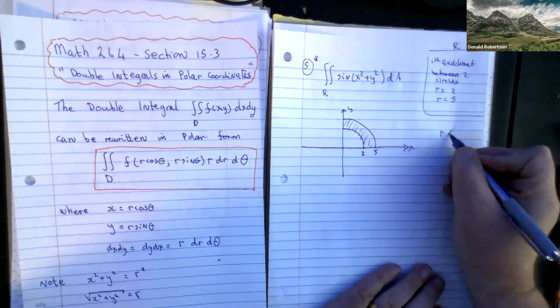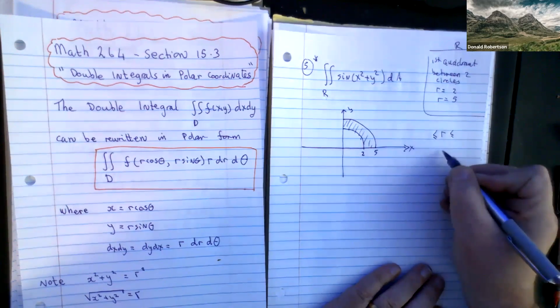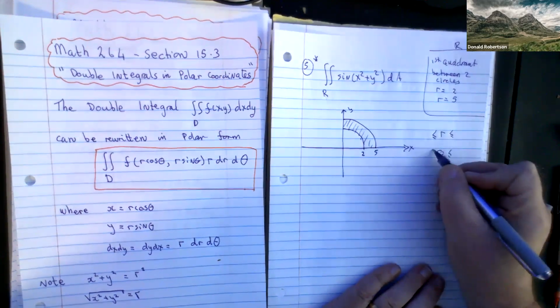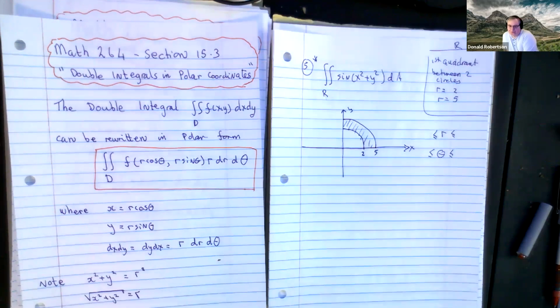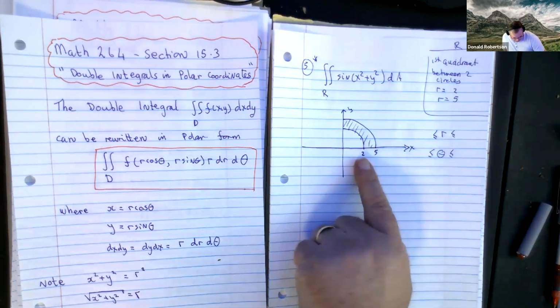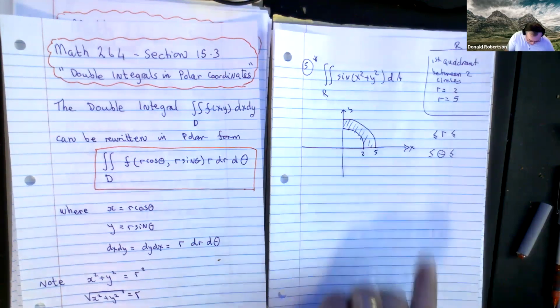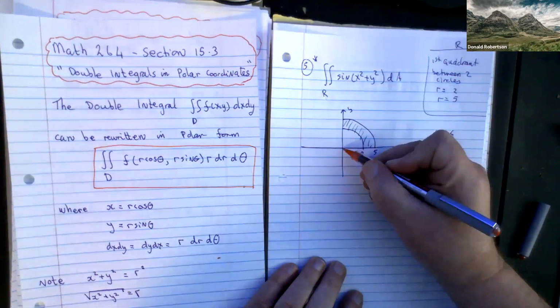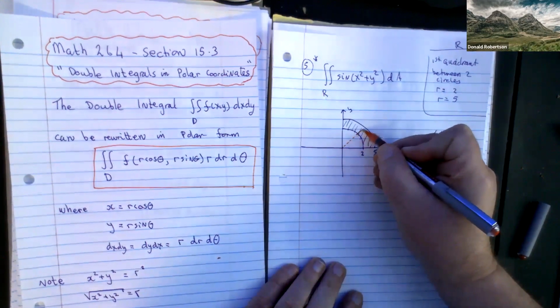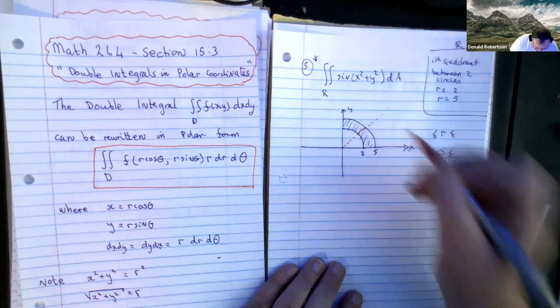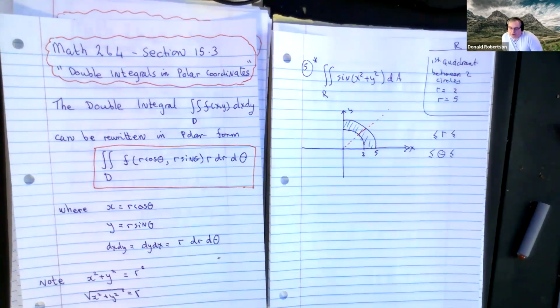Now I need an r and I need a theta. Okay, anybody want to tell me what the r and theta would be? What you might want to do is just imagine a little radial line, which is this guy here, and look at what the values of r would be when that shaded region starts, and what the value of r would be when you finish.